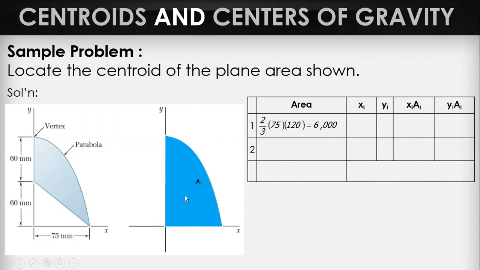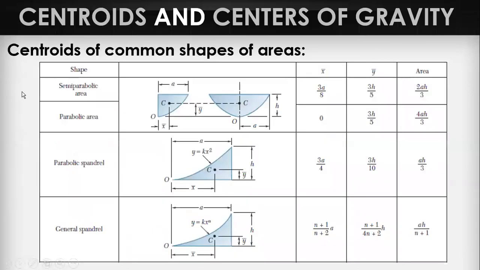Now the centroid. Based on the table, the centroid of a semi-parabolic area for x bar is 3/8 of A. Remember, the vertex is here. So that's x bar. And then y bar is from the vertex, measured along the adjacent side.